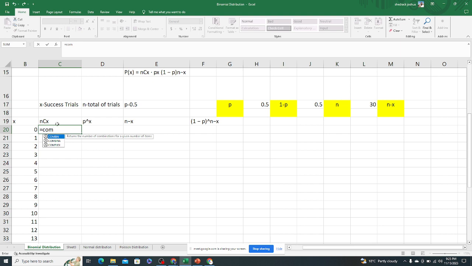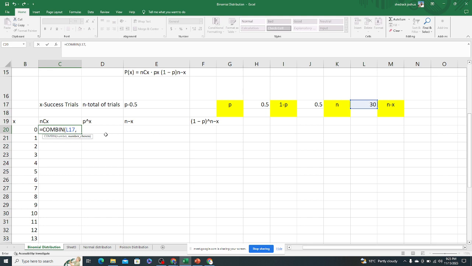In this case, we are going to say it is equal to combine. We are just going to use combine. You can see it returns the number of combinations for a given number of items. So we say combine, that is the number, and our number is 30.